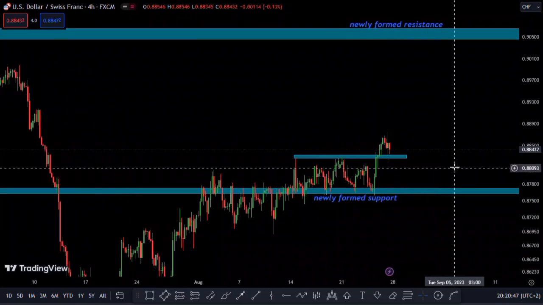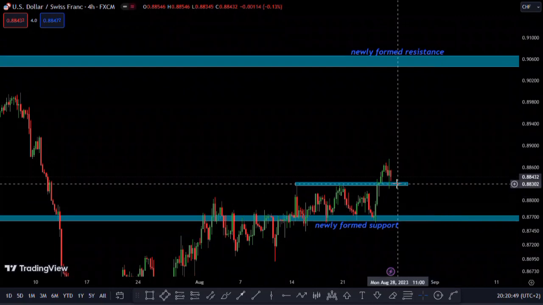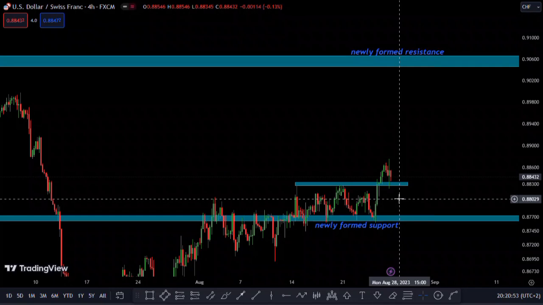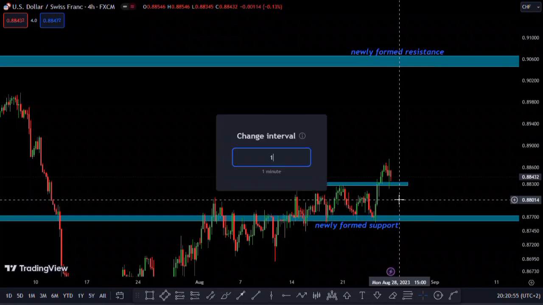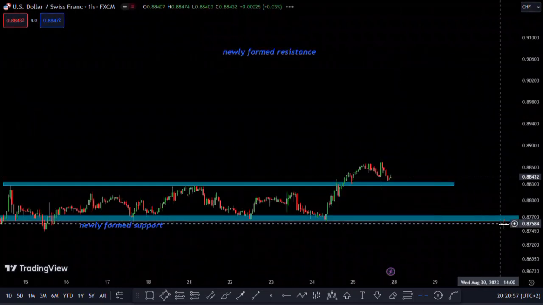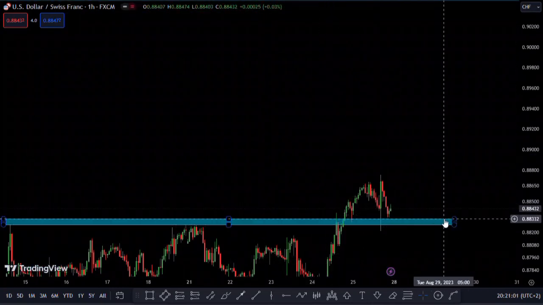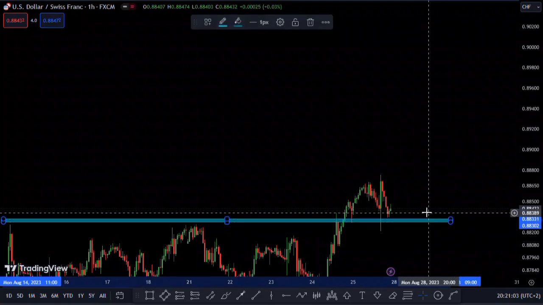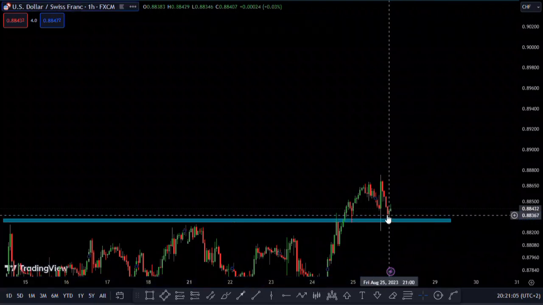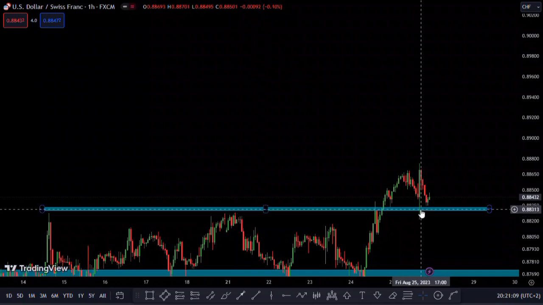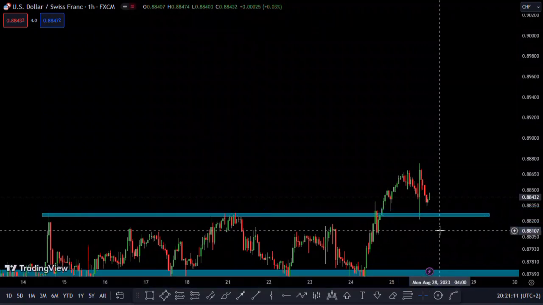For a safer entry, because now we have created something like a bullish flag, we have broken above this resistance, which has now turned into a support because of this possible touch. Okay, let's do this.